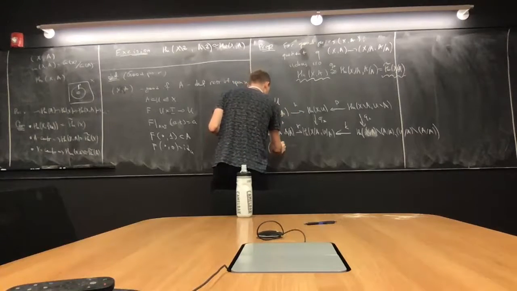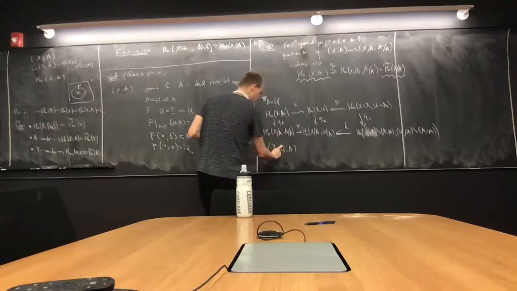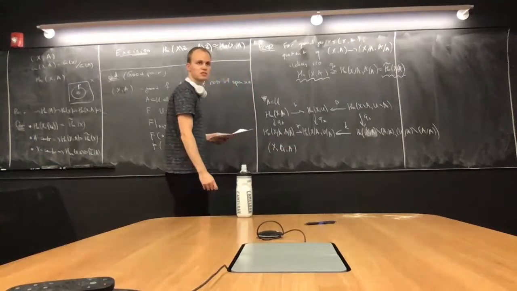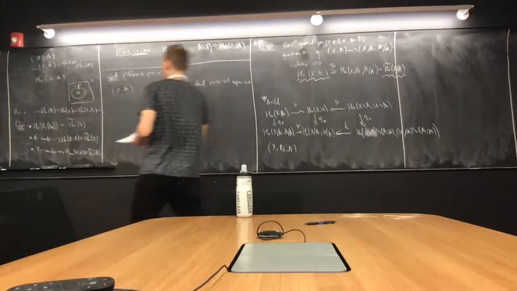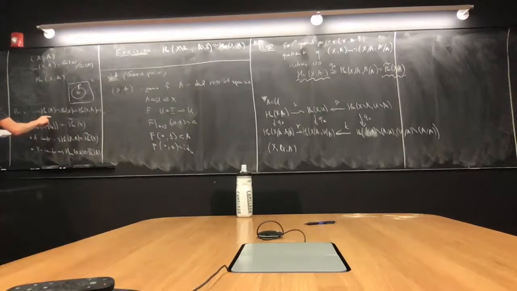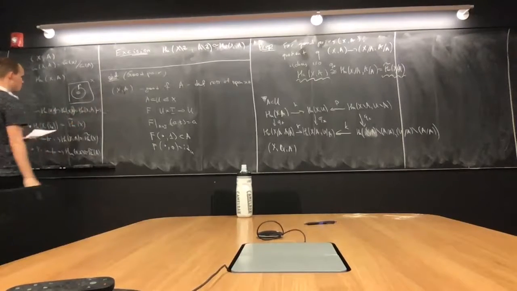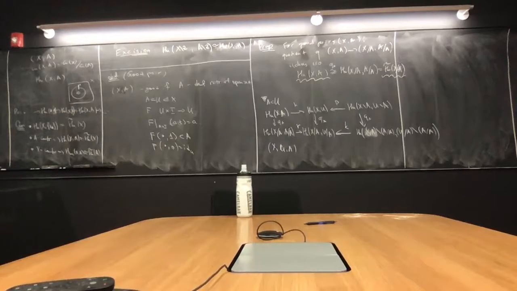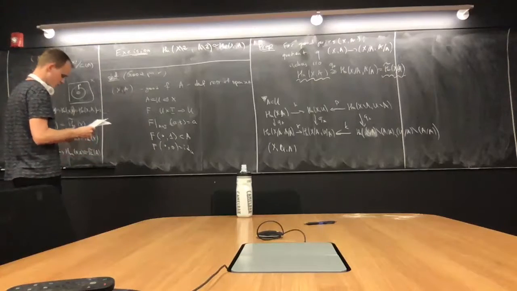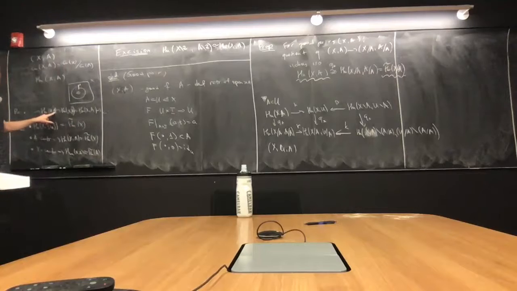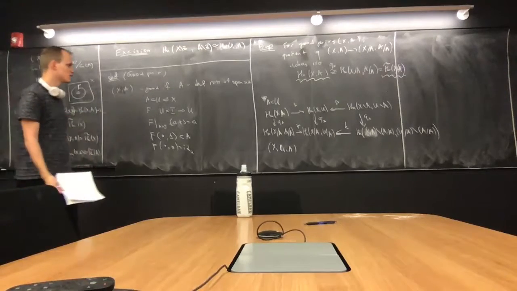So we have the triple X, U, A. A is a subset of U, U is a subset of X. And we had the long exact sequence, which was, I guess this should be U, A, X, U, X, A. Because A is a deformation retract of U, this is zero, and this is isomorphic to that.